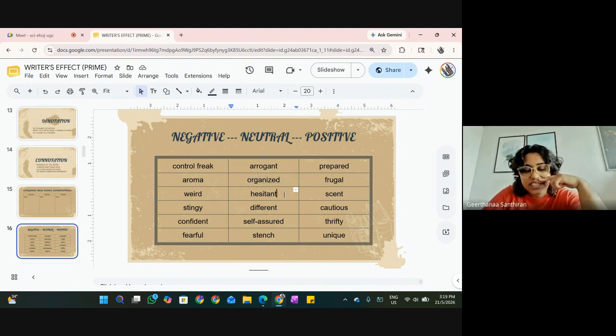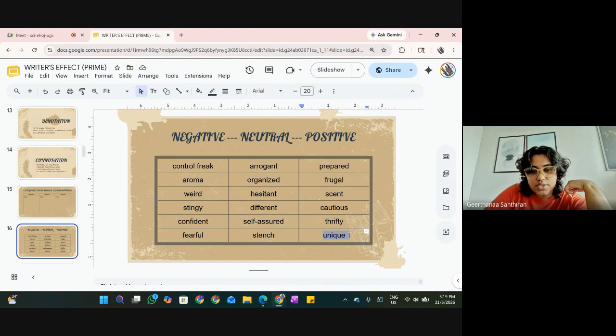Organized. I believe this is the trio here. What about weird, different, unique? That's another trio. And I think it comes that way, right? Weird usually is used in a negative situation, like the person is trying to put you down, like trying to bully you, and they call you weird.